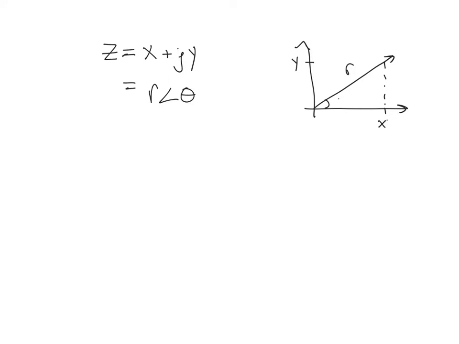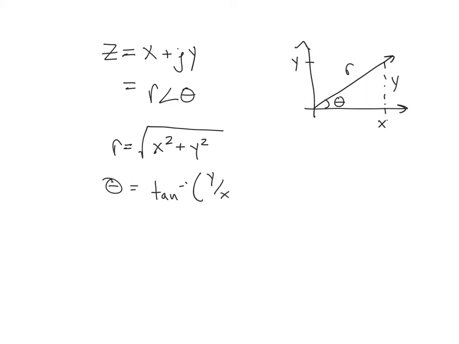We note that the height of this triangle is y, and the base of this triangle is x, and the hypotenuse is r. So using some basic geometry, we can find that r is the magnitude of the triangle, or the square root of x squared plus y squared. And the angle theta is going to be given as the arctangent of y over x.